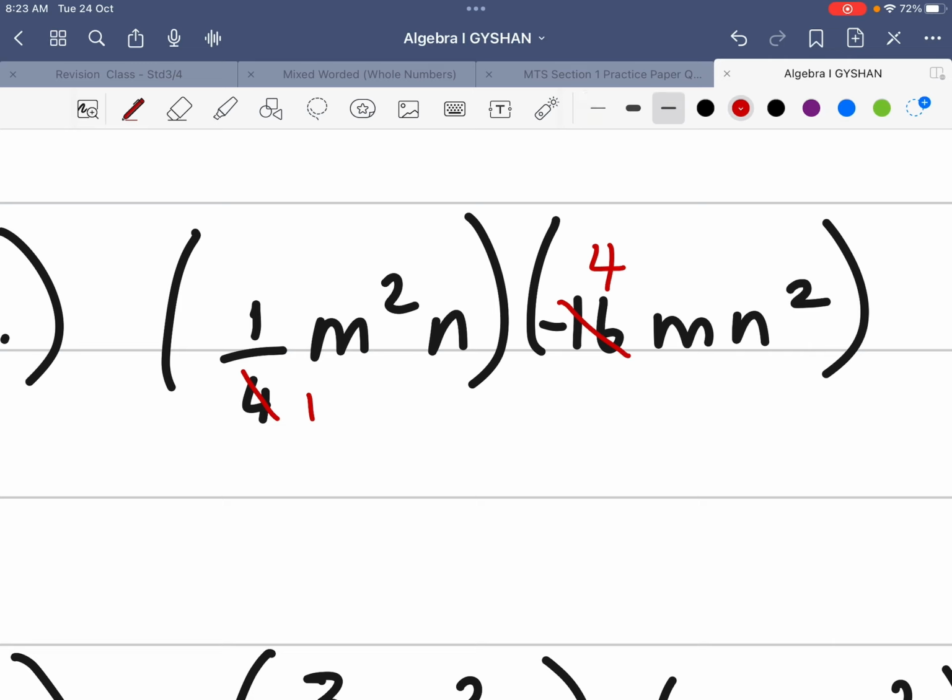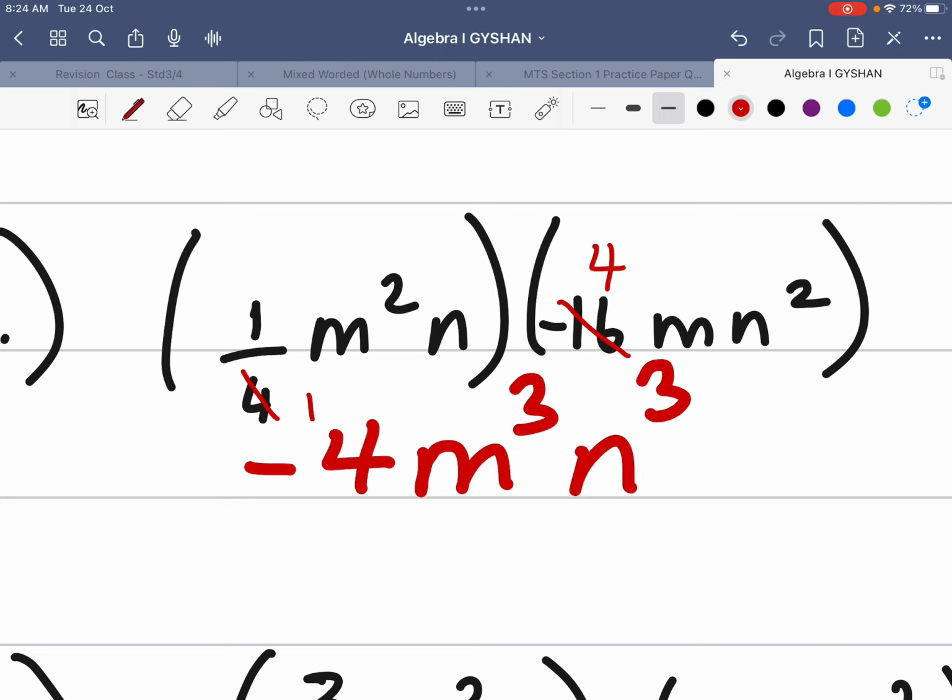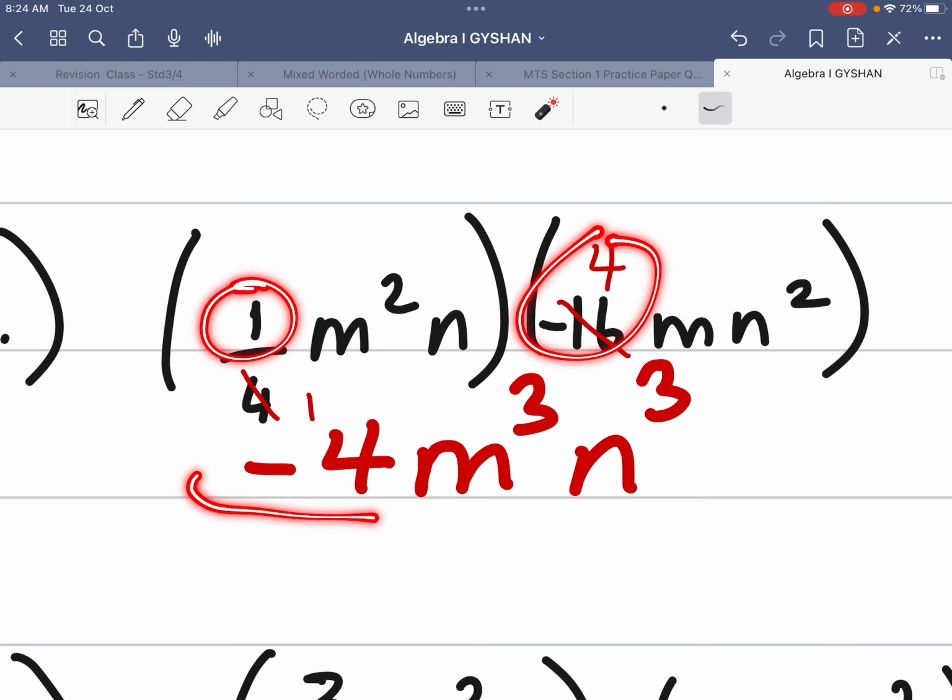Let's work with the numbers first. So that's negative 4. M squared by m is m cubed. And n by n squared is n cubed. So 1 times negative 4 is negative 4.